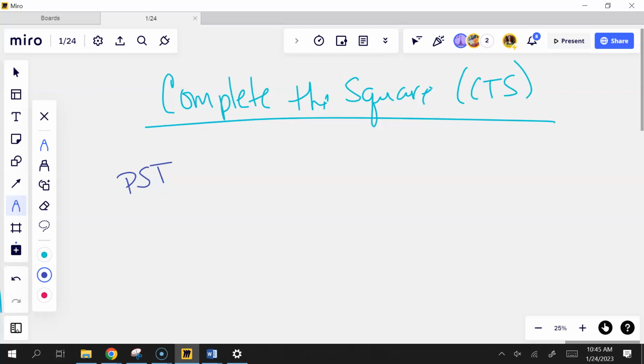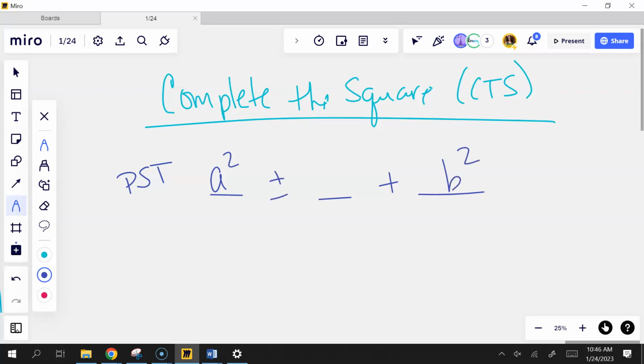Tell me what makes a quadratic a perfect square trinomial. Give me the other two requirements first, because there's 3 requirements. The second sign has to be plus. Perfect squares on the ends.